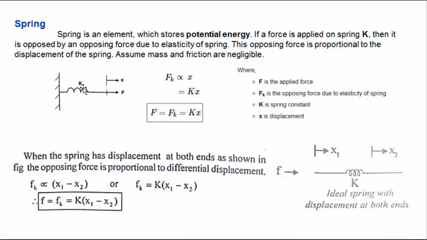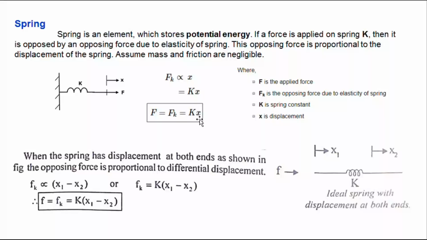Here K is the stiffness of the spring or spring constant, the applied force is F, the opposite force is Fk, and the displacement is indicated by the letter x. According to Newton's second law, applied force is equal to opposite force, that is equal to k into x.